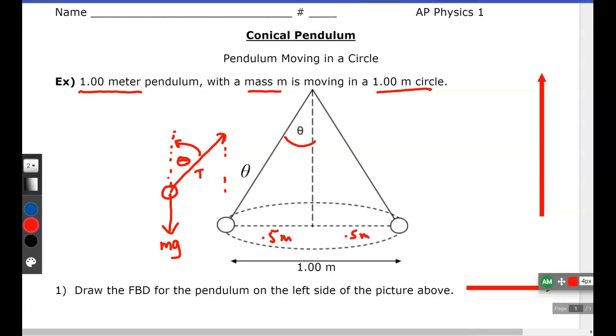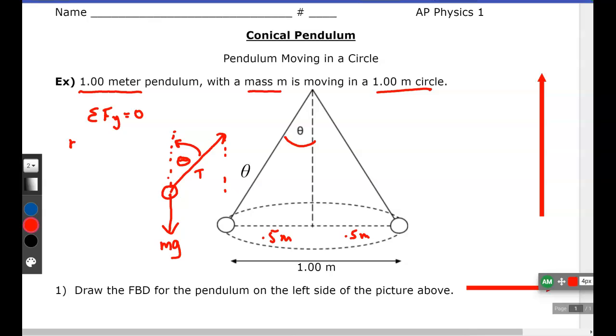In order to analyze this, we'll break it down into its components. The sum of the forces in the y direction equals 0. Why? Because there is no vertical acceleration. Vertically, it's moving in a horizontal circle. So what we like to say is the up forces equal the down forces.